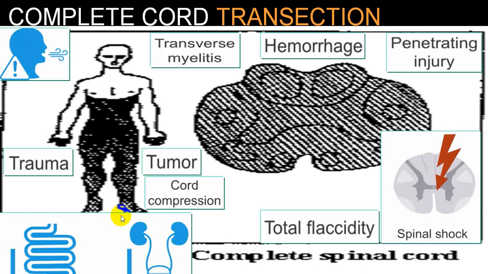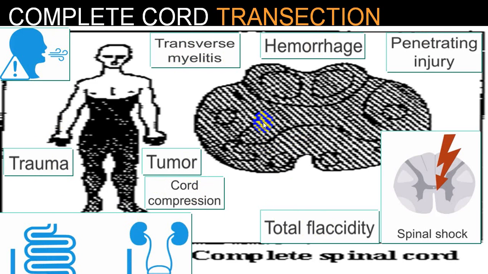In complete spinal cord lesion, we have already mentioned the classical examples: transverse myelitis, hemorrhage, penetrating injury, tumor, acute cord compression, traumatic injury, etc., in which below the level you will have total flaccidity and all sensation lost.